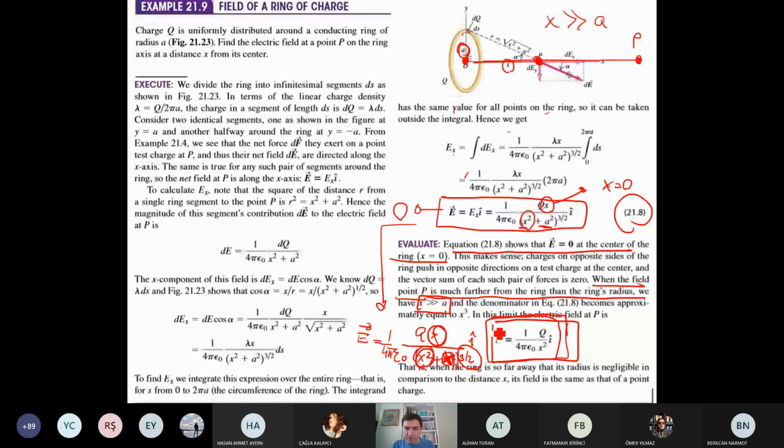That is, when the ring is so far away that its radius is negligible in comparison to the distance x, as I explained, its field is the same as that of a point charge. Okay, look at the electric field. Remember the electric field produced by a point charge. It is given with this expression. So this equation goes to this expression, the electric field produced by a point charge.